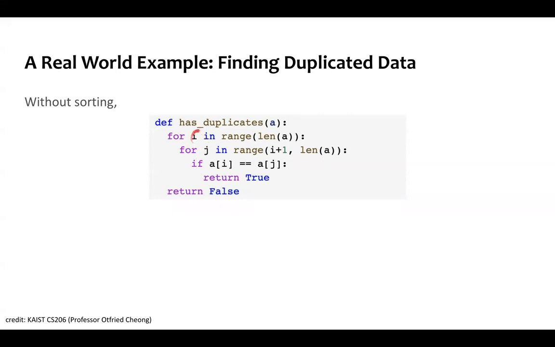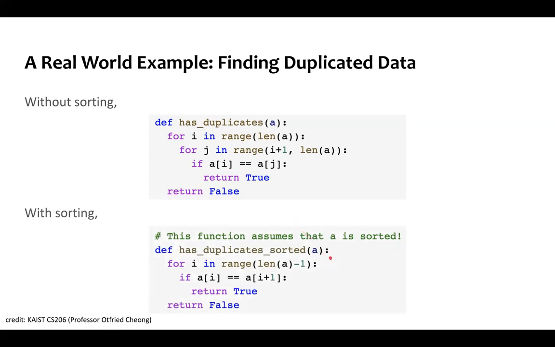So for each item I inside this array, we check whether all the other items inside this list are equal to this item. So we are checking A[i] with A[j], all right? If these two items are the same, we return true. Otherwise, we return false. So without sorting, we need to check all the combinations.